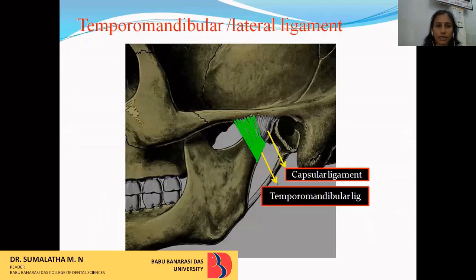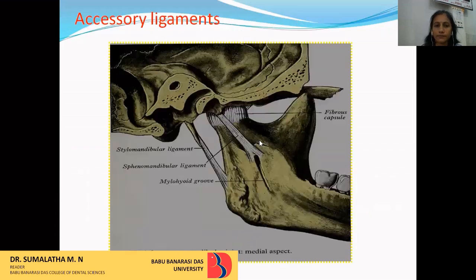The last ligament is the temporomandibular or lateral ligament. As you see in this diagram, this is the temporomandibular ligament. It attaches to the temporal bone and to the posterior border of the mandible. This is the temporomandibular ligament and this is the capsular ligament.